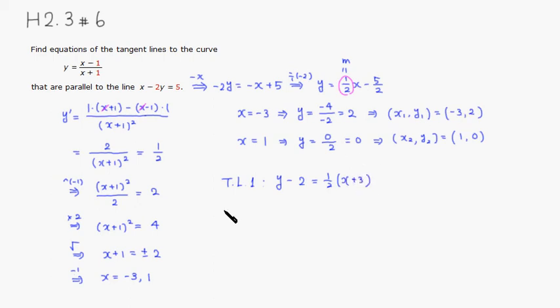And tangent line number 2 is going to be y minus y2, which is 0, is equal to 1/2 times x minus 1. So those are the tangent lines. So let's type it in.